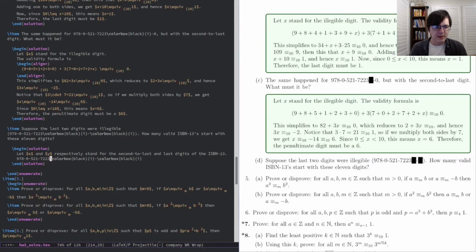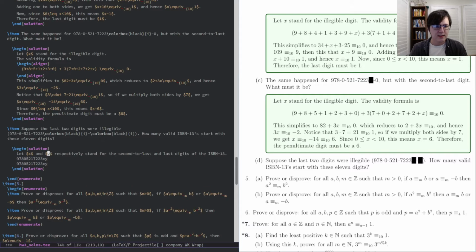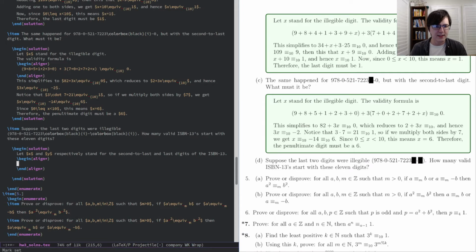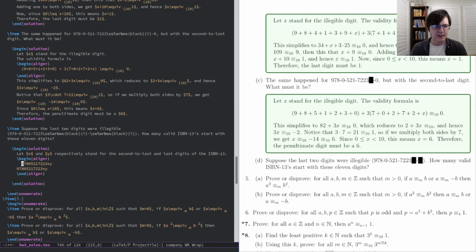So we got that. And let's start setting up this equation. I still got the macro, which saves so much time.